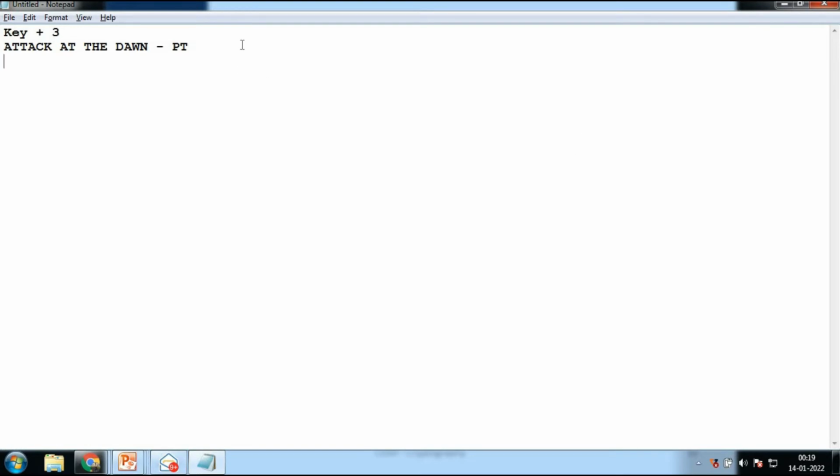A becomes the third alphabet from its position, so A becomes D, T becomes W, C becomes F, K becomes N, and so on. Okay, so this is the ciphertext.